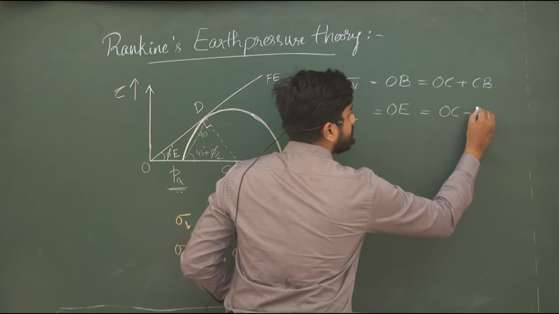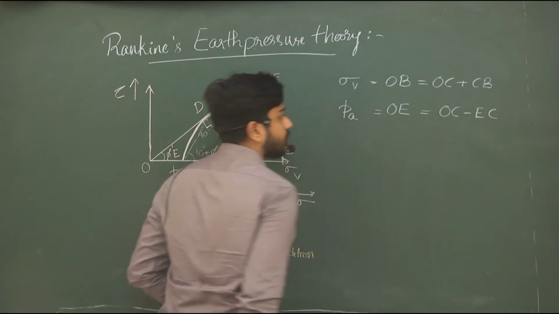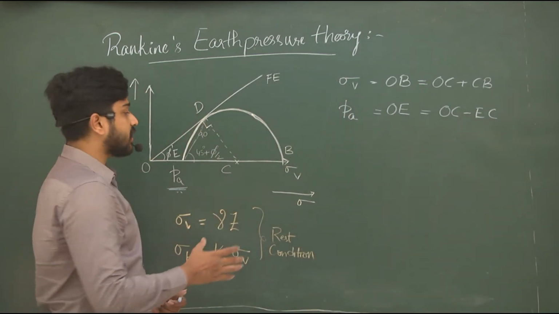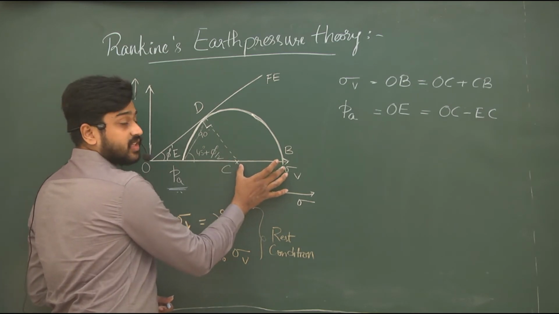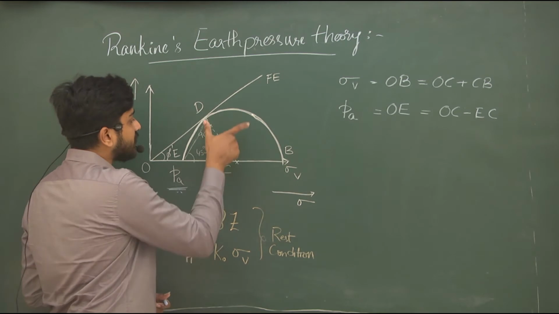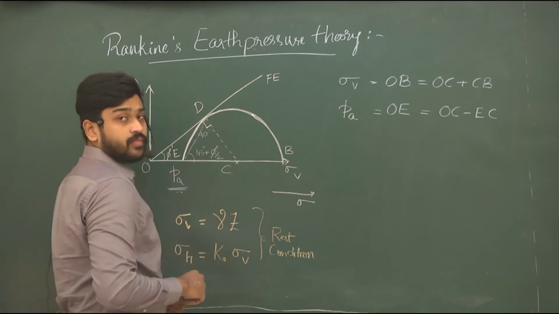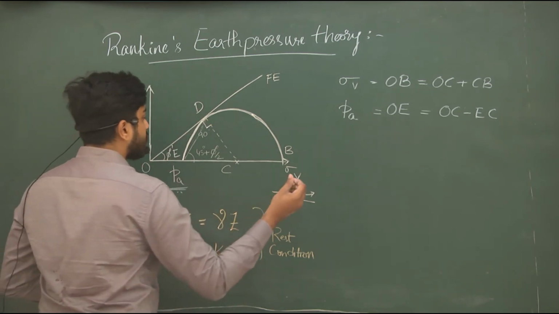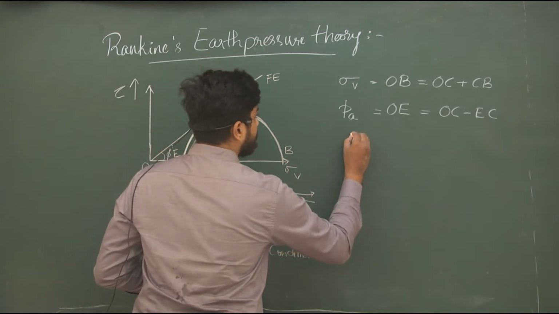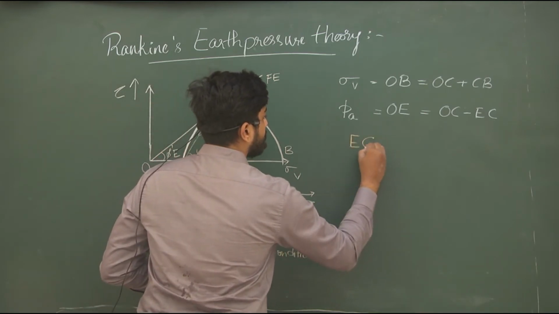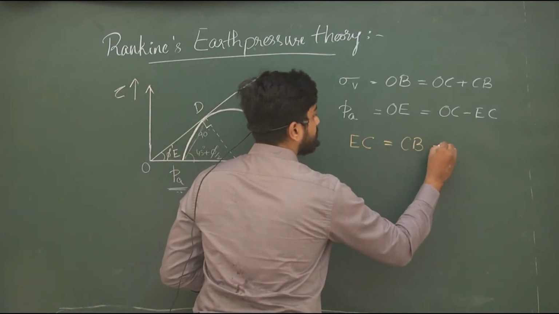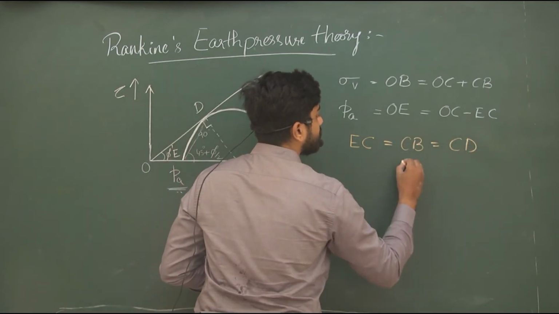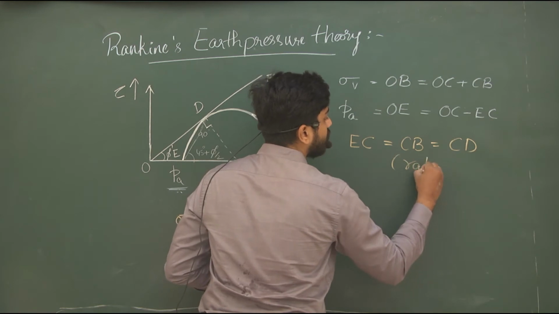Here EC is equal to CB, which is equal to CD, since it is the radius of the circle.